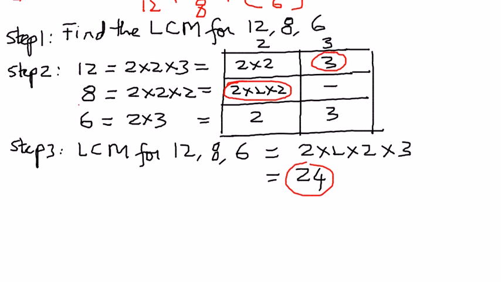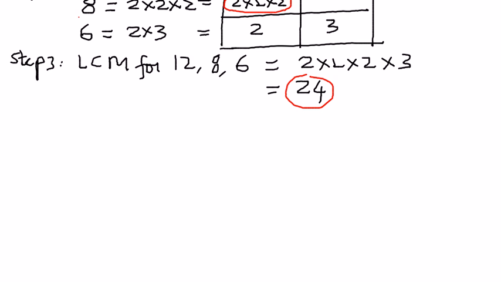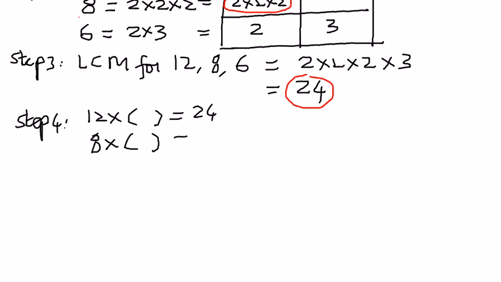So in our next step, let's write the following things. Now we're going to come back and make a decision as to 12 times what number is equal to 24, and 8 times what number is equal to 24, and then 6 times what number is equal to 24.